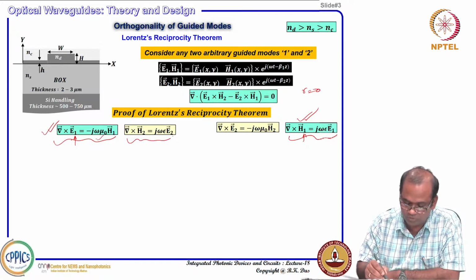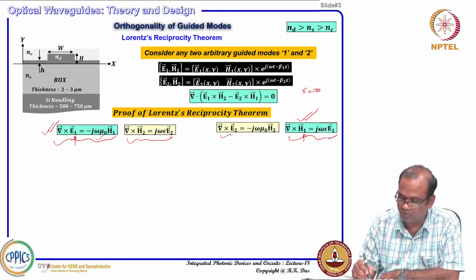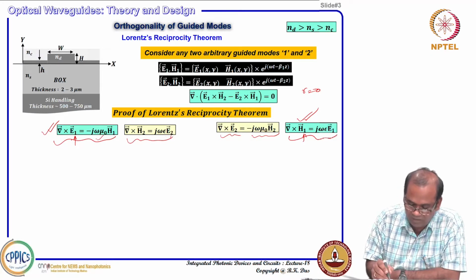Similarly for mode 2, curl of H2 equals j omega epsilon E2, and curl of E2 equals minus j omega mu 0 H2. I placed all these curl equations side by side because we need E1 cross H2.